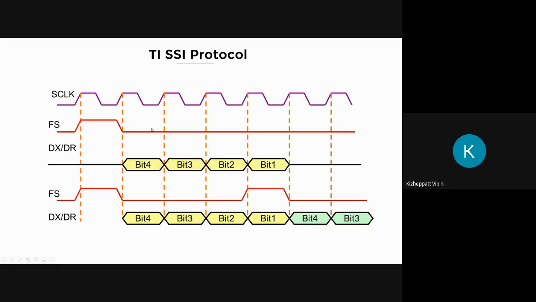Before the transmission happens, the master and slave should agree, or you should configure them, for the same transmission size. Otherwise, what is the problem? Don't look at this figure. Look at this one. How will you decide where the data transmission is getting completed? Is there any indication here?